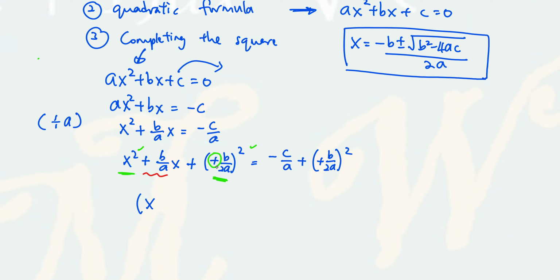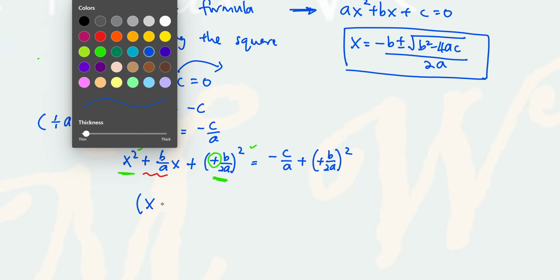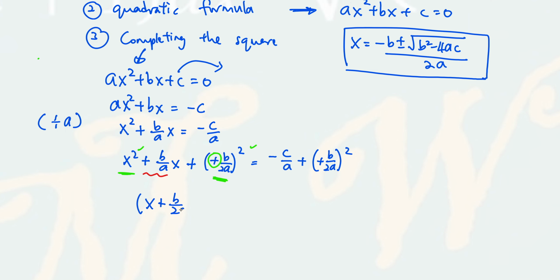Since inside the bracket here is plus b over 2a, therefore I'm going to write x plus b over 2a, close bracket, square. When you do the quadratic expansion, you will be getting back the three terms in the previous step. Now for the right side, you just need to do expansion for the second term, which is minus c over a plus b squared over 4a squared.